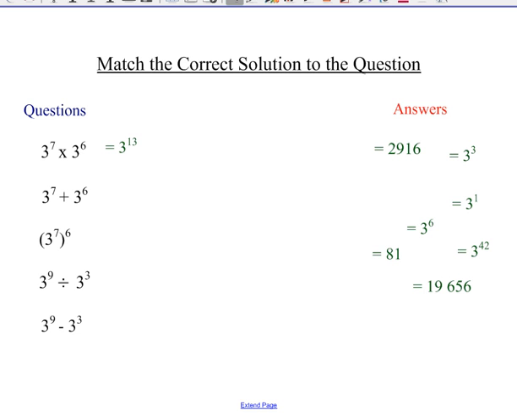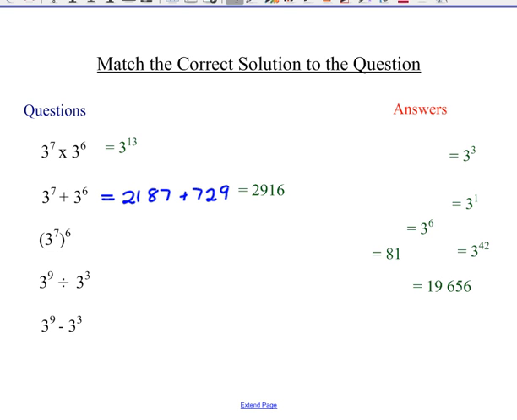So figure out that 3 to the 7 is equal to 2,187, and that 3 to the 6 is equal to 729, and then add those together, and you'll get your answer of 2,916. So that particular one, be very careful. There is no rule for adding exponents.